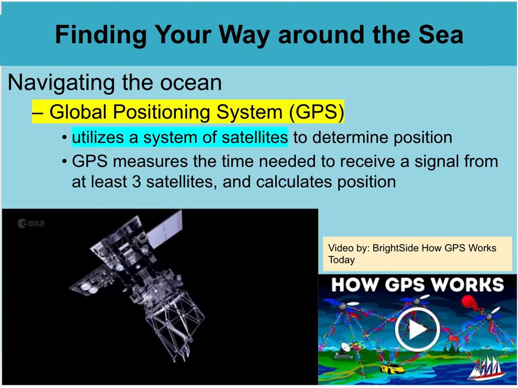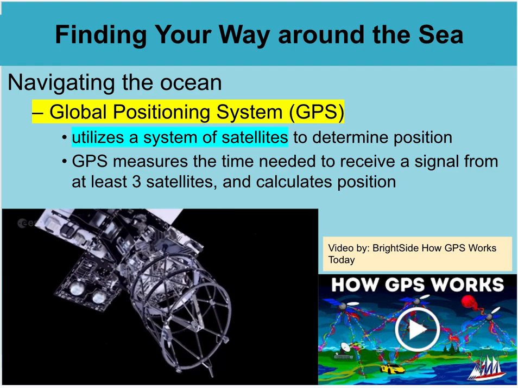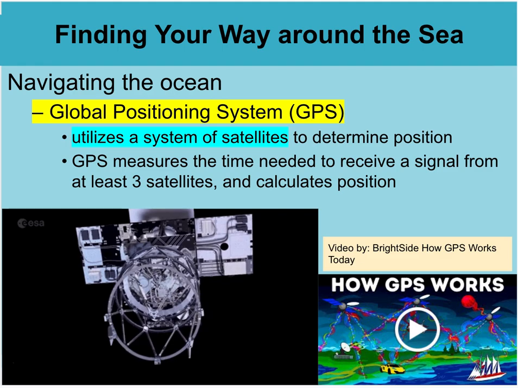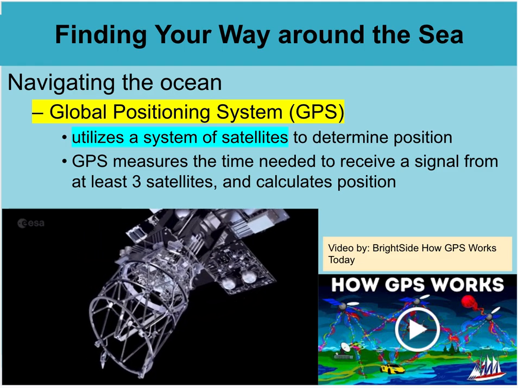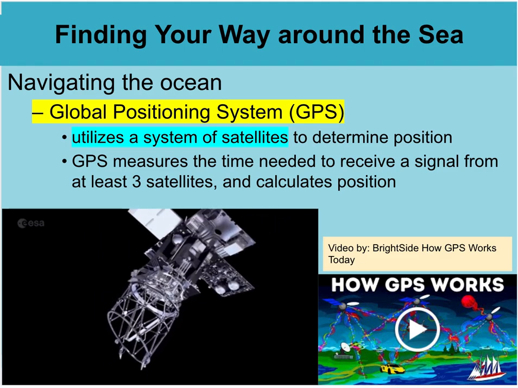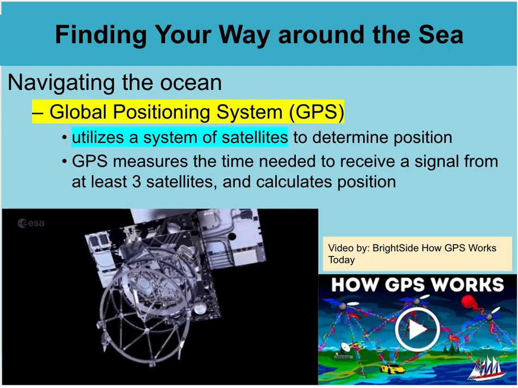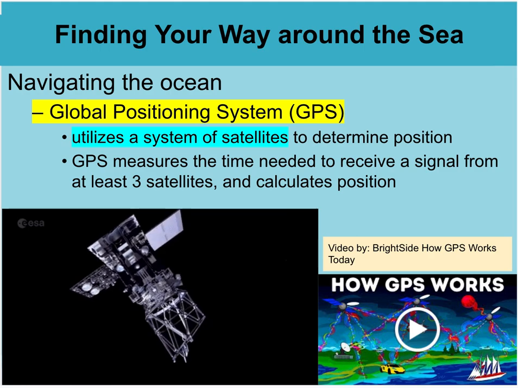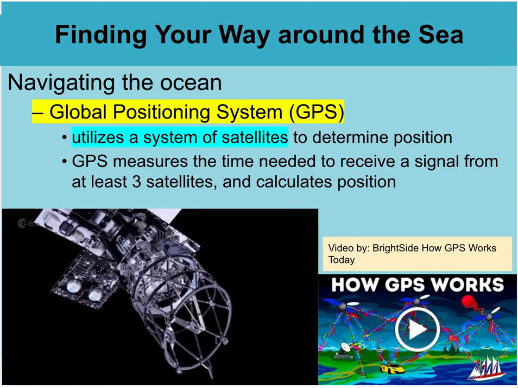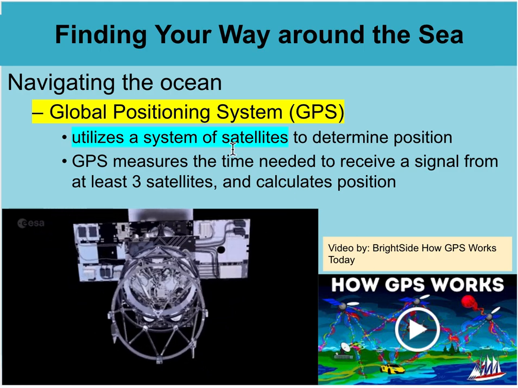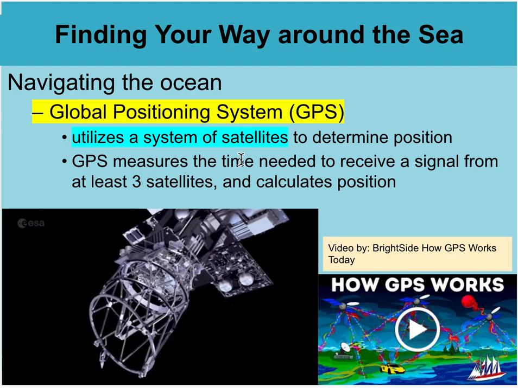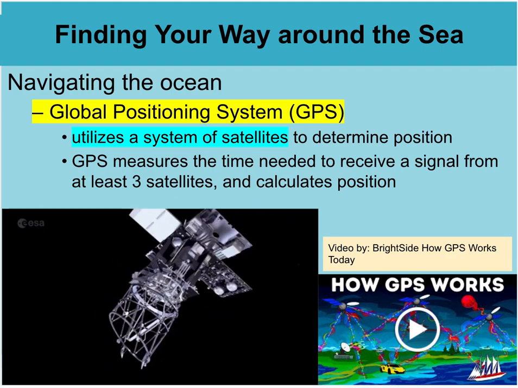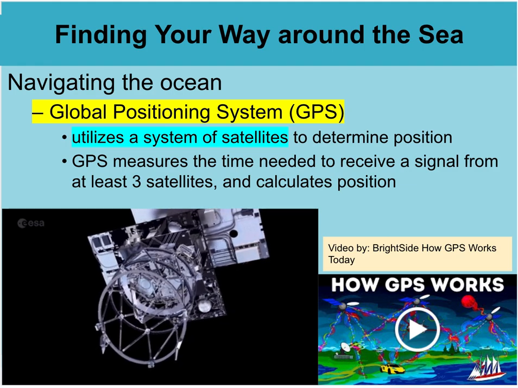Interestingly, that triangulation method is near identical to the method we use to calculate the epicenter of an earthquake, but we use different earthquake detection centers that are on land. Here's a video by Brightside, How GPS Works Today, that you can watch for more information on how that works.